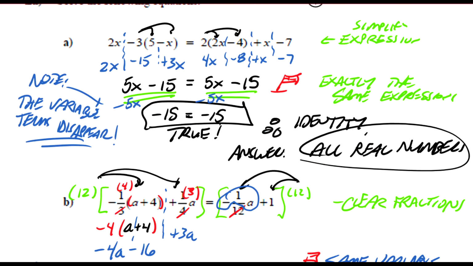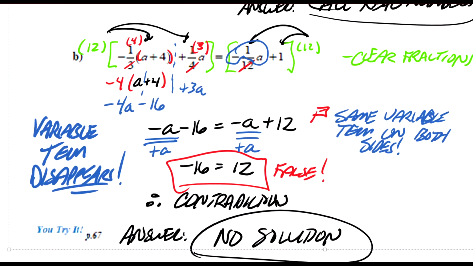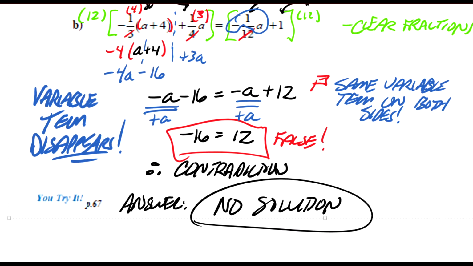That's called a consistent equation. But I could get an identity. And it all depends on, in my algebra, does it come down to a true statement as I perform the algebra to solve? Or does it come down to a false statement? And if it's false, it's no solution for an answer. Okay.